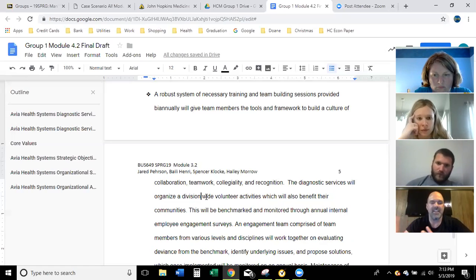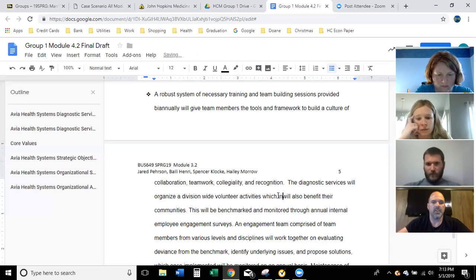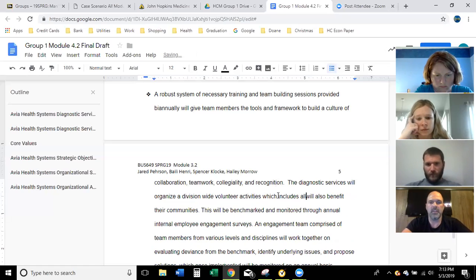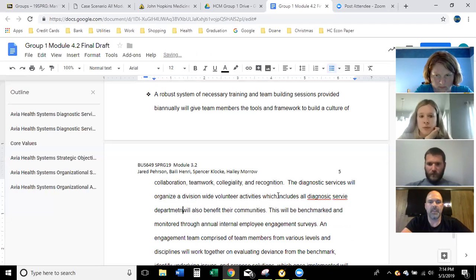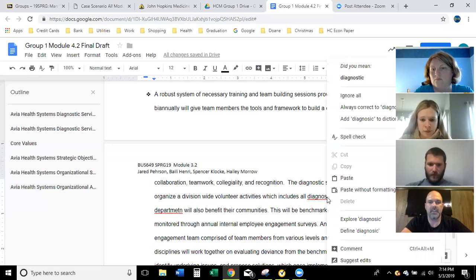So I like the idea of having one for all the departments together, and then having each department do individual ones. So that way you kind of have strong bonds within your department, but then you also get a chance to get to know other people, that you don't work with as frequently, but you do have to work with. I think that does work on multiple levels. I think that's a good idea.